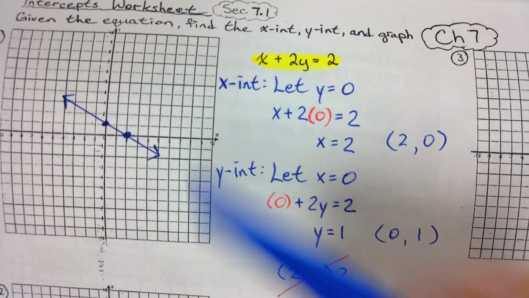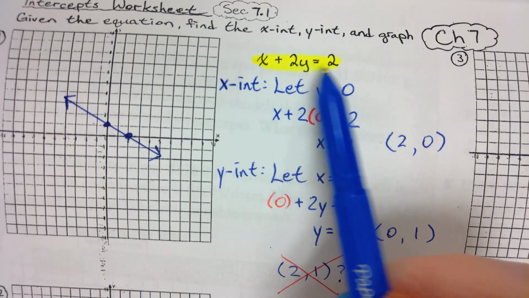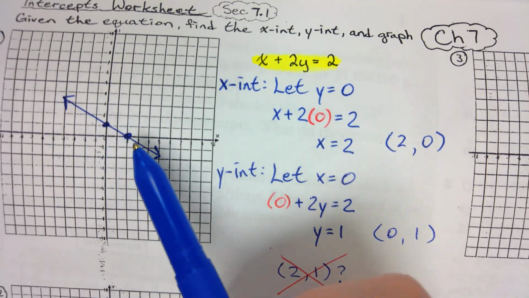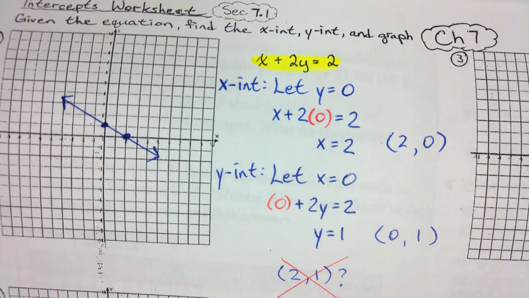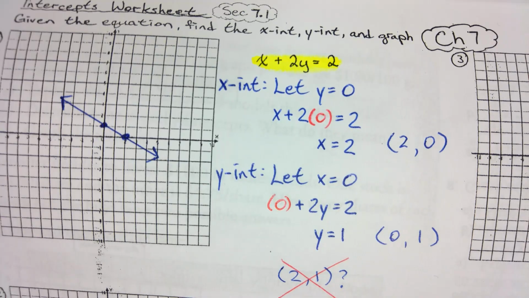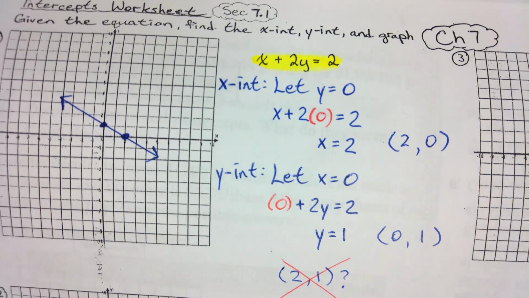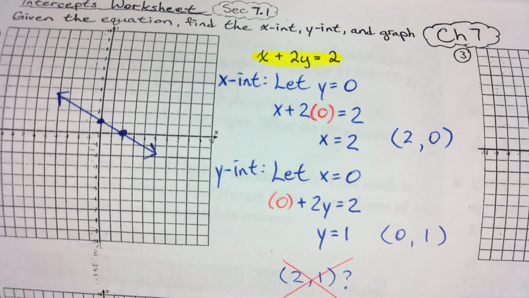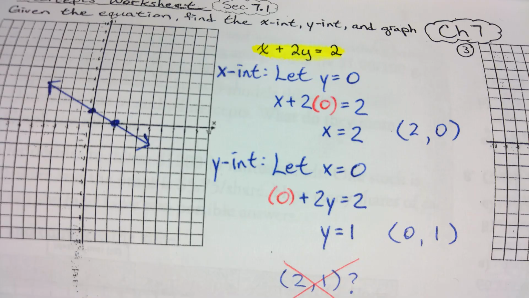So just rearranging this equation into y equals mx plus b form, and then figure out what my y-intercept is, what my slope is, I can graph this line. So these are two separate methods. Okay, will I say which method you have to use? Maybe. So you do need to know both, but you can use it to check your answer.